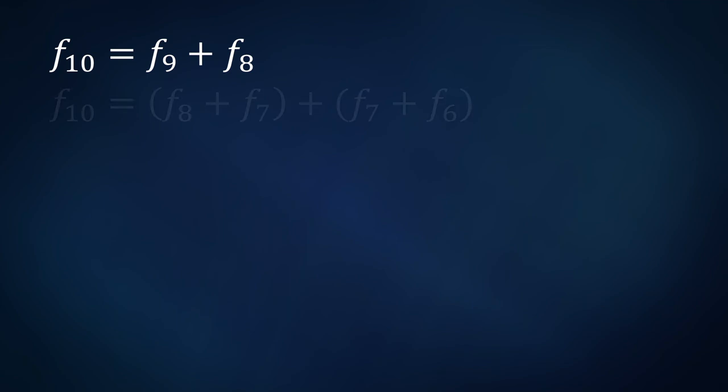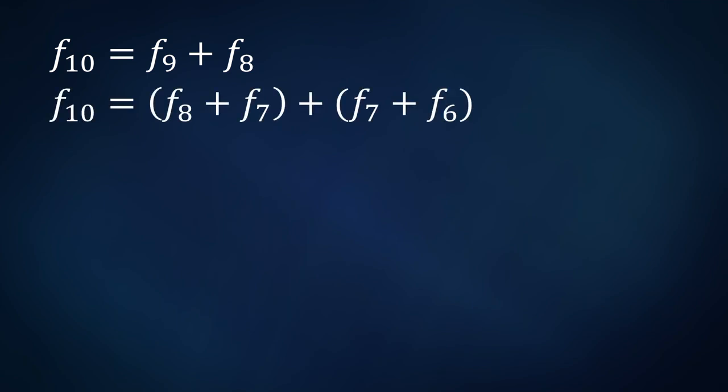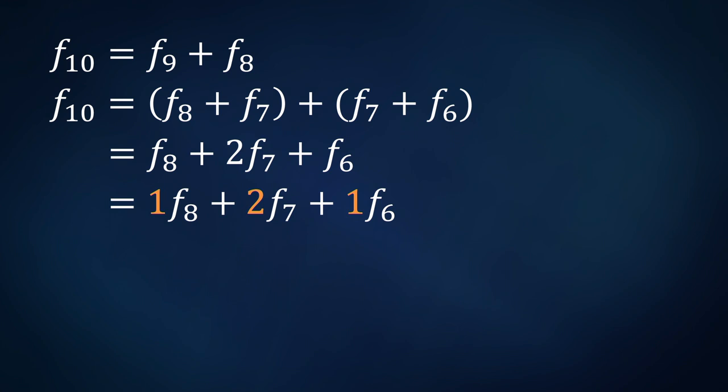Now, if we replace f9 with f8 plus f7, and we replace f8 with f7 plus f6, this becomes f10 is equal to f8 plus f7 plus f7 plus f6. That's f8 plus 2 f7s plus f6. Okay? Notice the coefficients here are 1, 2, and 1.